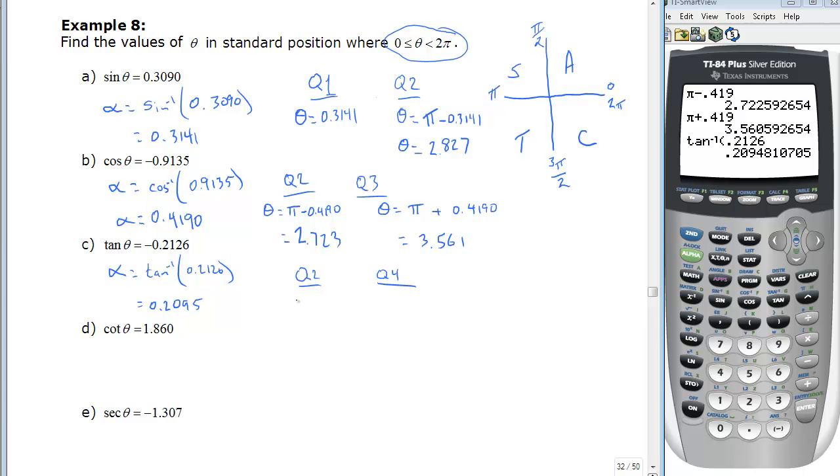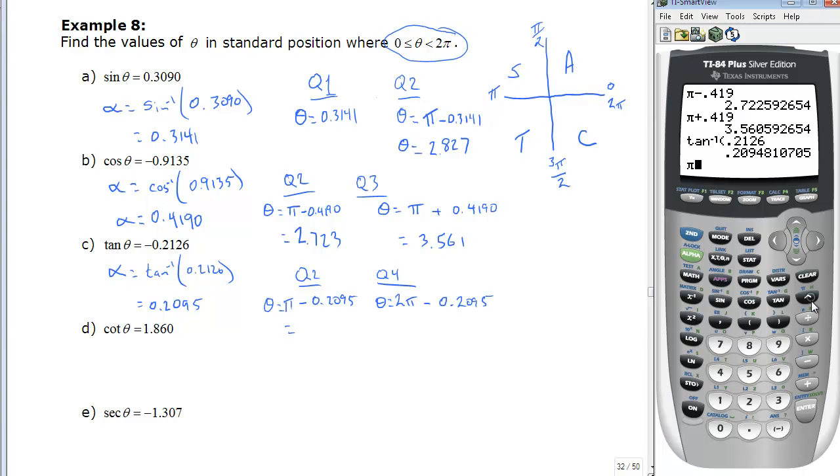So quadrant 2 is pi minus the reference angle, and quadrant 4 is going to be 2 pi, because normally it's 360, so 2 pi minus the reference angle. If we compute those, we get pi minus 0.2095 and 2 pi minus 0.2095.